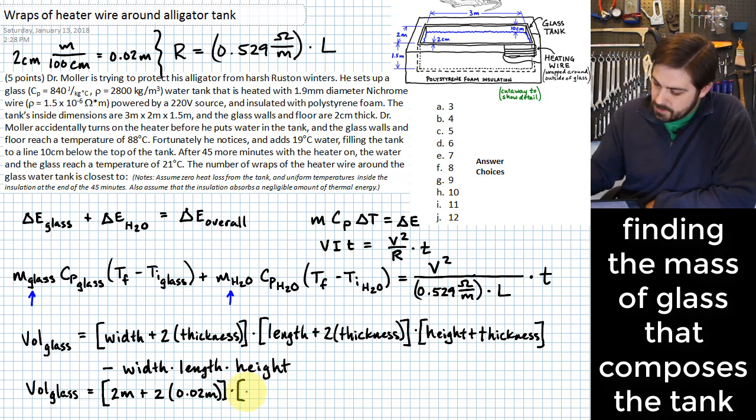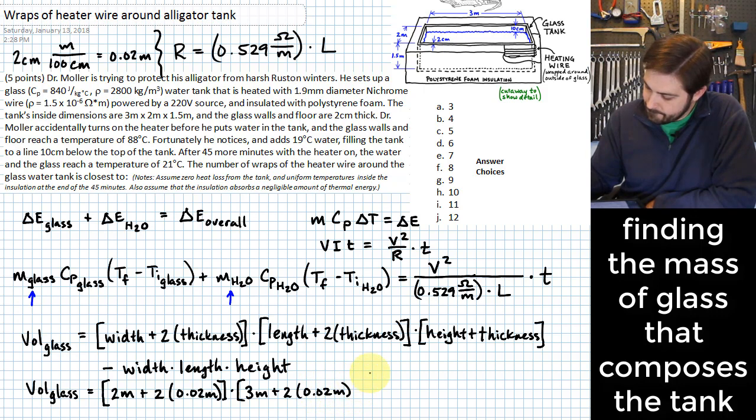Times the length of 3 meters plus 2 times the thickness times the height of 1.5 meters plus just 1 time the thickness.